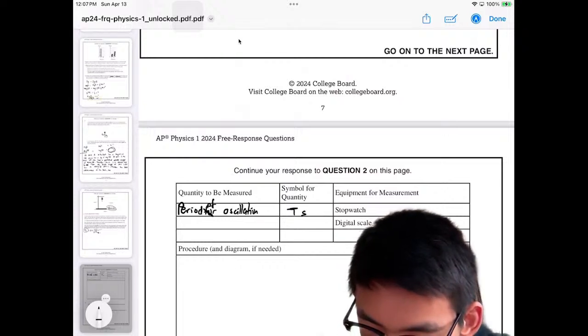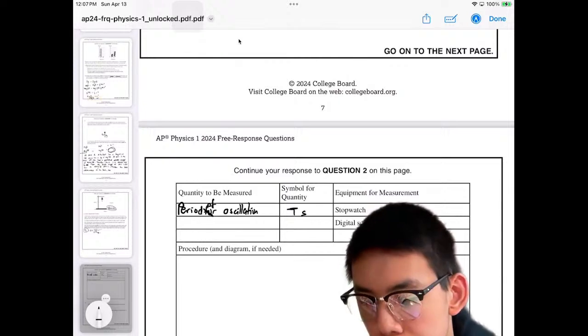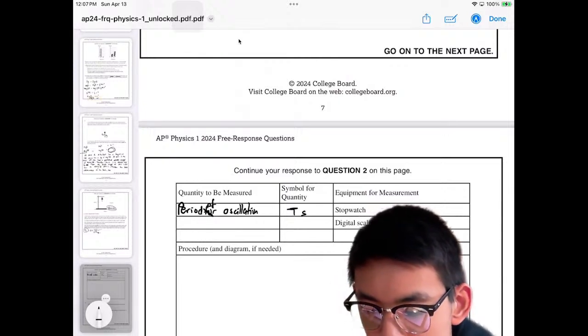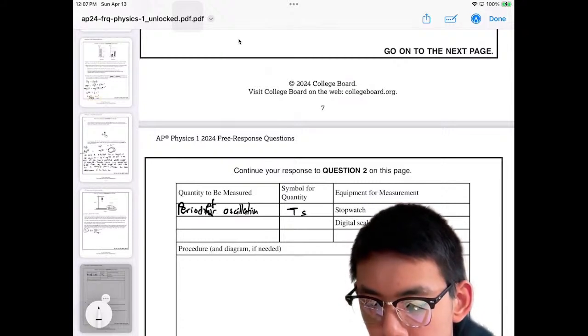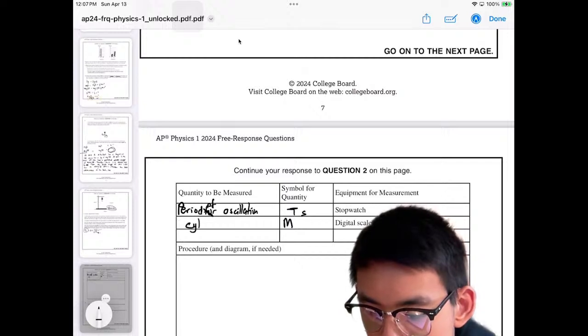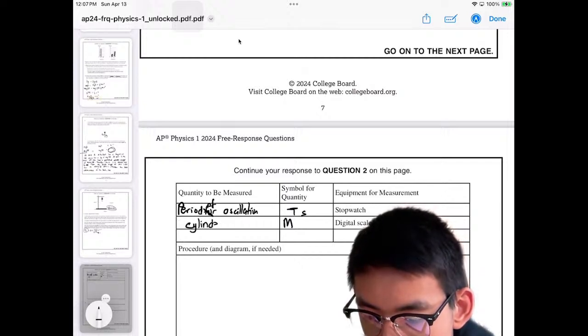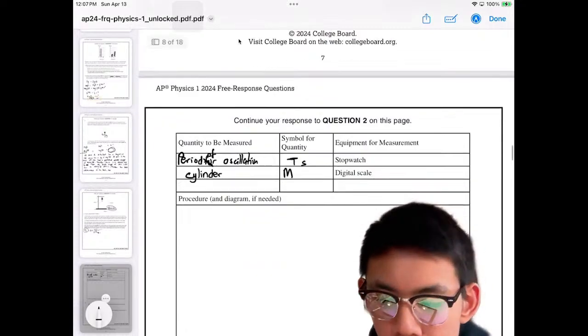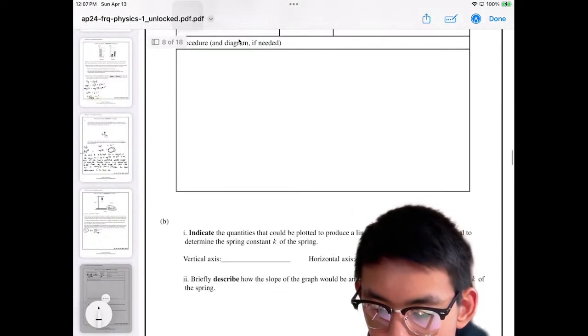Digital scale is going to be, what is the quantity to measure? The period of oscillation. What is the quantity to measure for the scale? It's going to be mass of the cylinders. I think those are the only two things we need to measure. Procedure, diagram if needed.